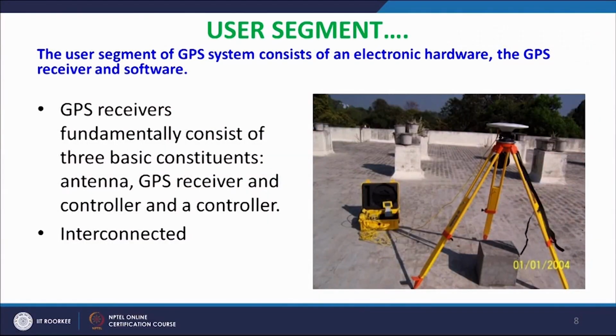This is the antenna of the GPS receiver, this is the controller, and this is our receiver hardware, and they are connected with each other through these connectors.